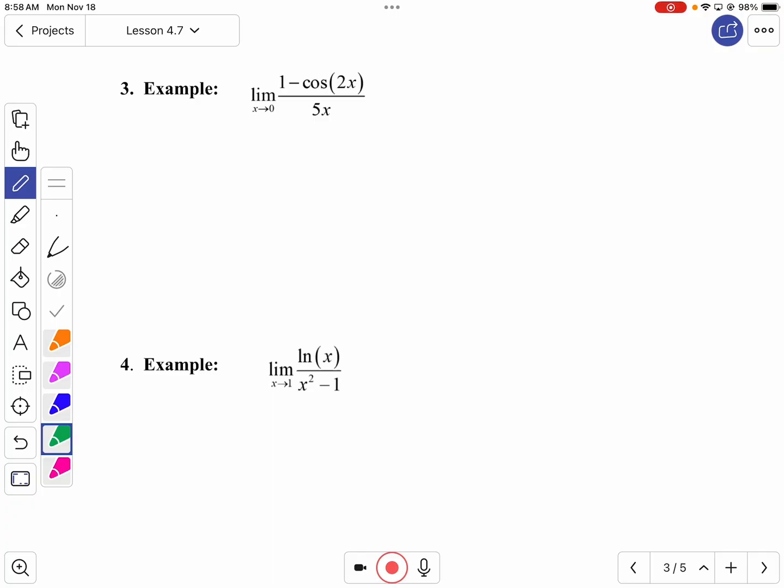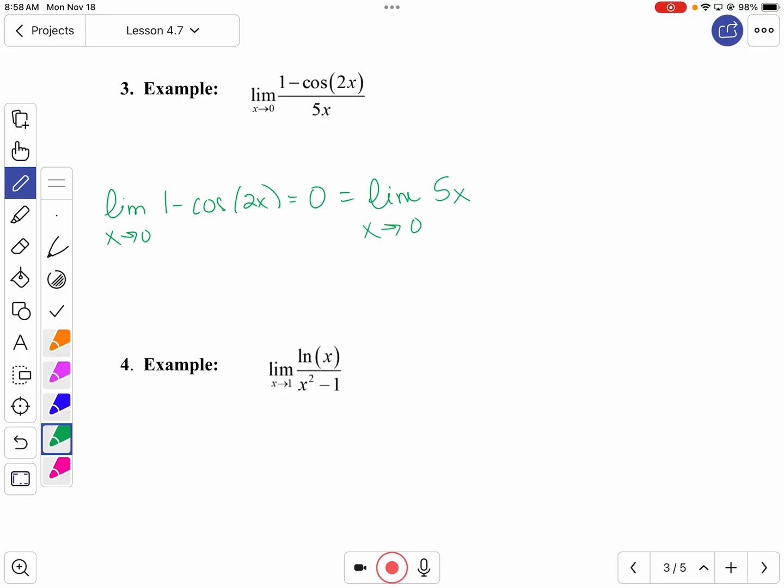Well, AP will not let you, on a free response, just do that. You have to state it, and this is our sandwich that I talk about. We take the limit of the numerator as x approaches 0 of 1 minus the cosine of 2x. We know that equals 0, as does the limit as x approaches 0 of 5x.